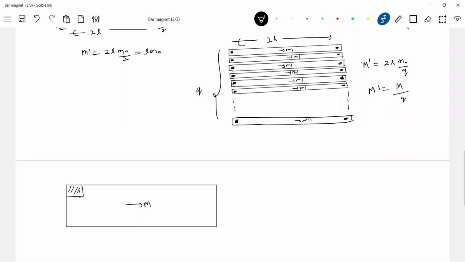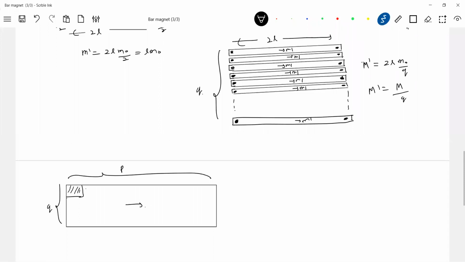Let this be the part. P parts you can divide. I think we took that as Q, no? And what is the dipole moment of the shaded one?